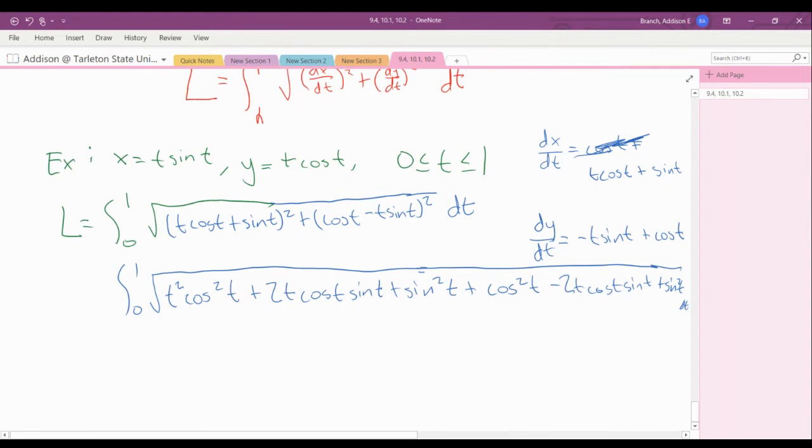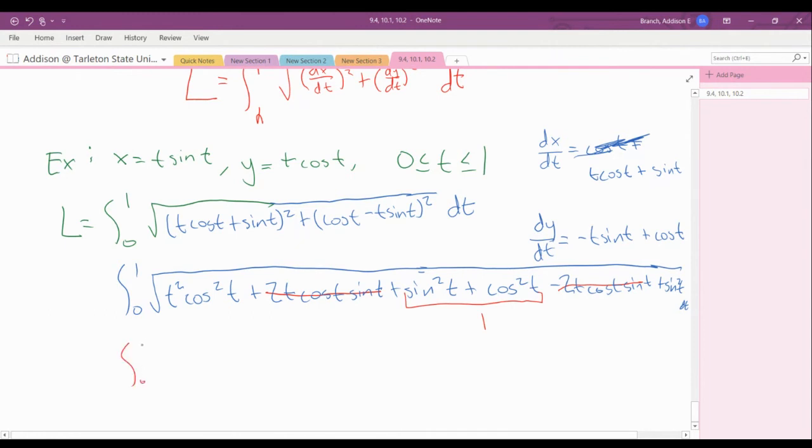All right, let's see if there's anything in this massive thing that we can eliminate. So we have a 2t cosine sine and a minus 2t cosine sine, so those can be eliminated. And then we also have a sine squared plus cosine squared, which can go down to 1.